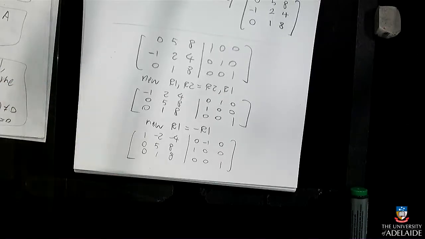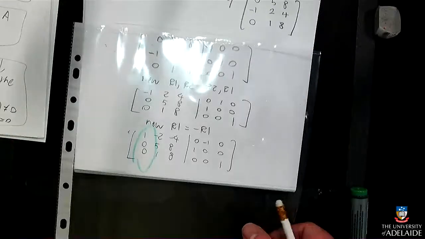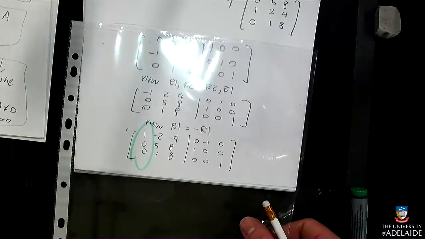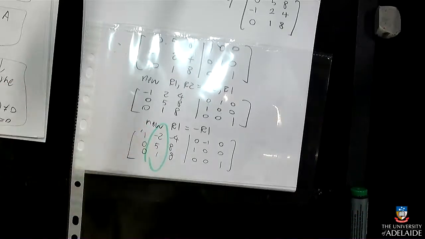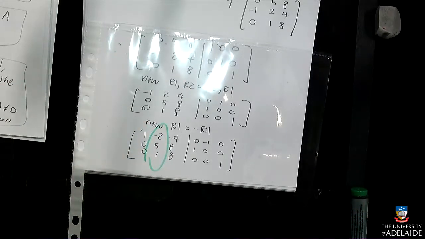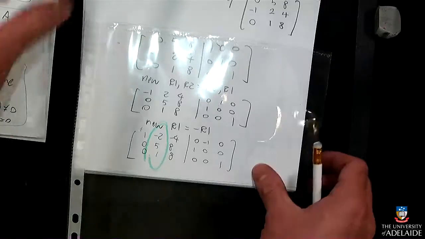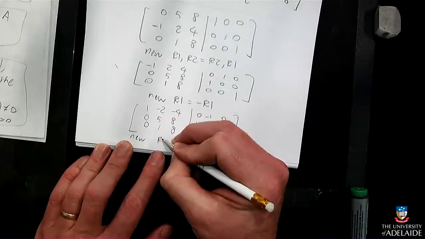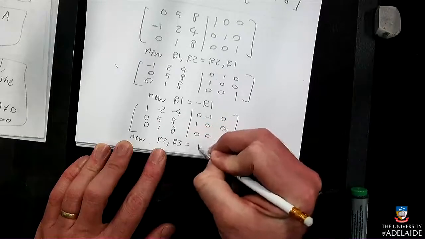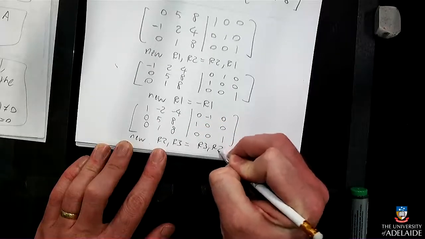Doing well. And so now I've got my first column as the identity matrix column. So let me look at the next column. I would like there to be a 1 in this middle position. And I can do that by swapping rows, actually. So I might do that. So my new row 2 and row 3 is my old row 3 and row 2.